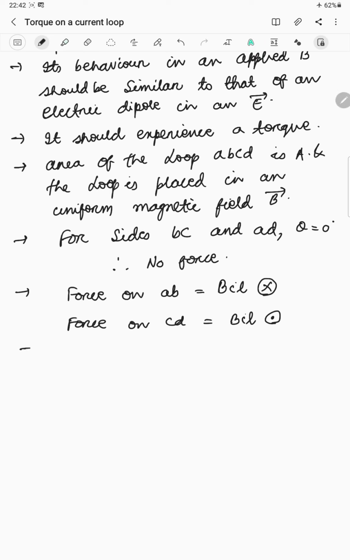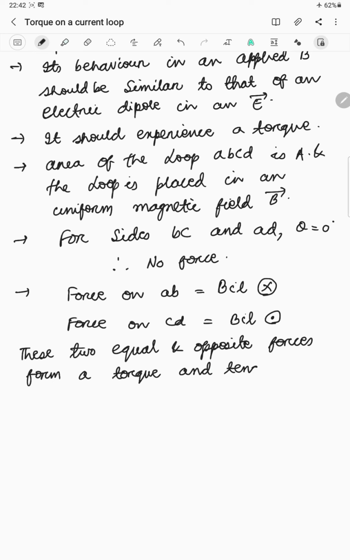So we can mention here these two equal and opposite forces form a torque and tend to rotate the coil.